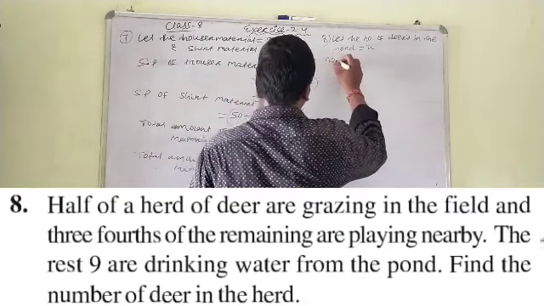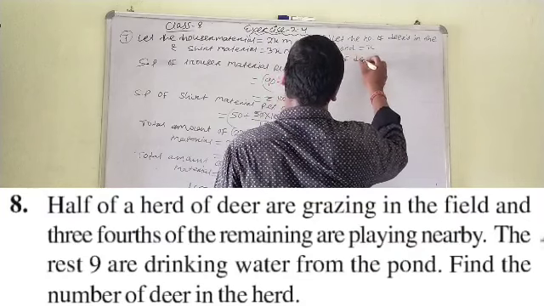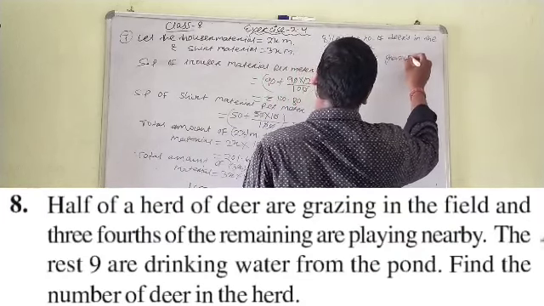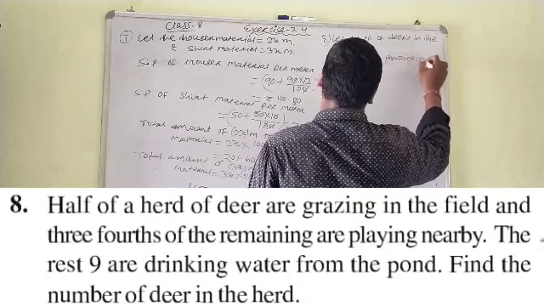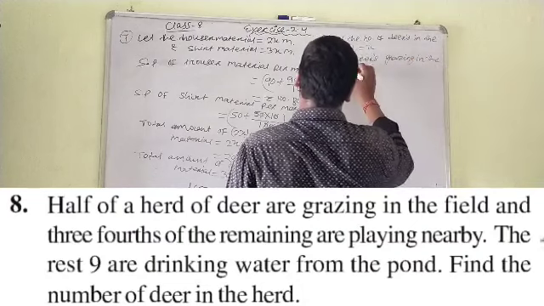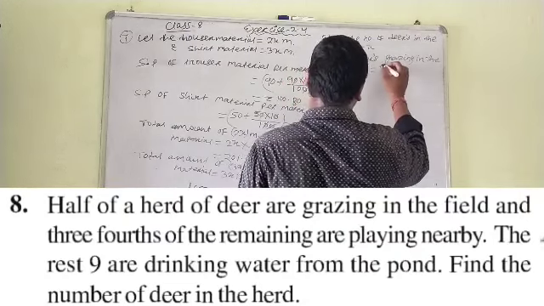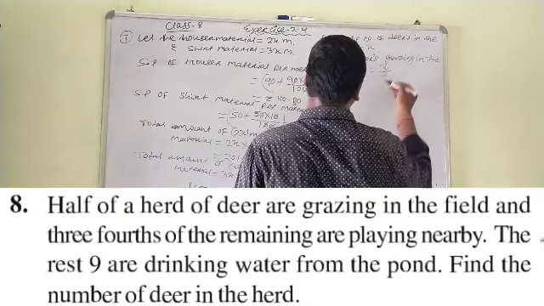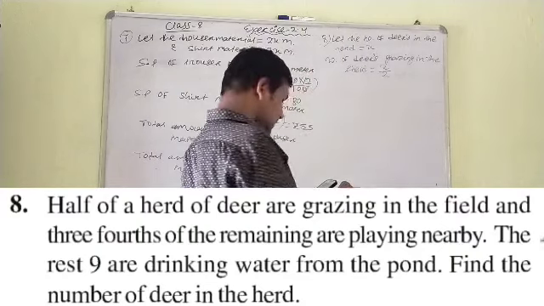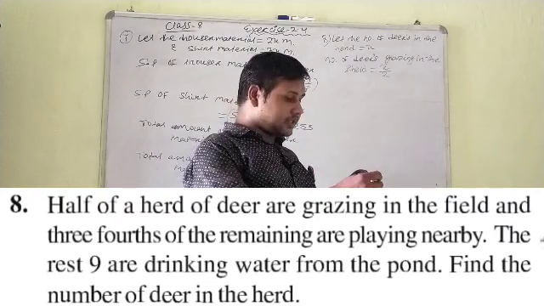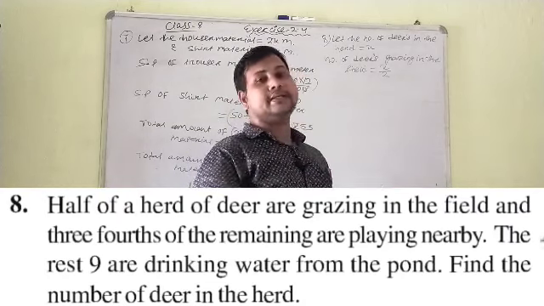So number of deers grazing in the field is equal to half of X, that is X by 2, and it's given 3/4 of the remaining are playing nearby.